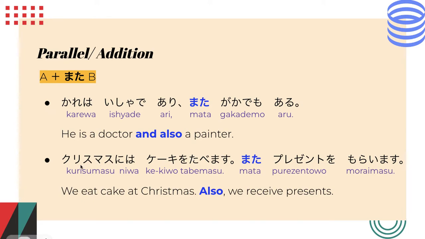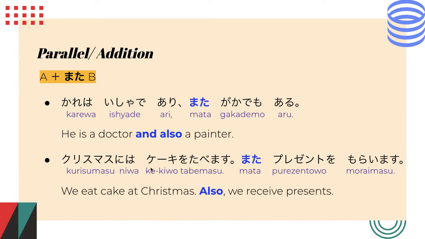To say this in Japanese, it would be クリスマスにはケーキを食べます。また、プレゼントをもらいます。As you can see, sentence A and sentence B have the exact same sentence structure.